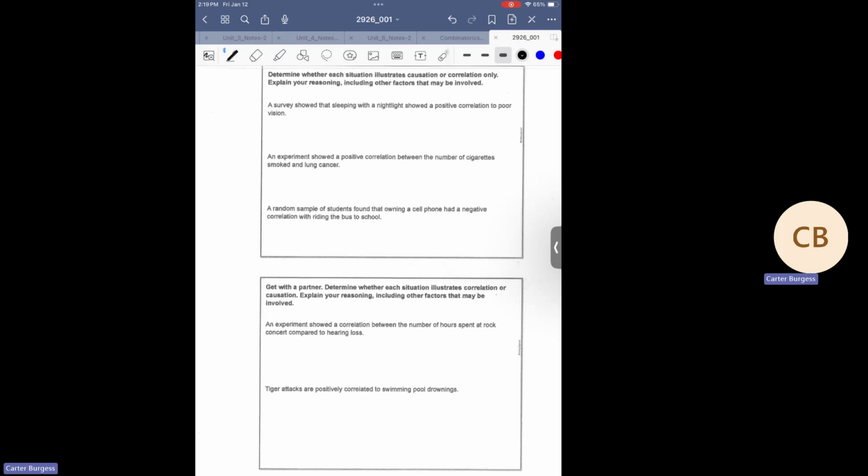The word that's similar to survey is study, and there's probably an underlying variable. Generally, for the word experiment, it's experiment or study, and it's probably going to be causation. Correlation is just like there is a connection.